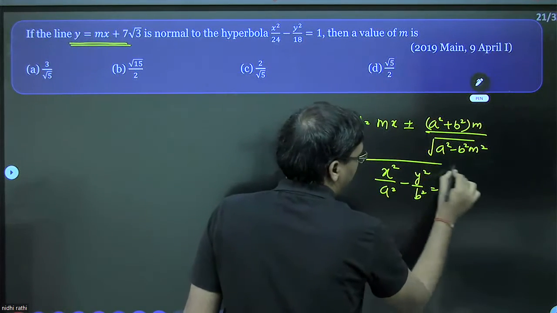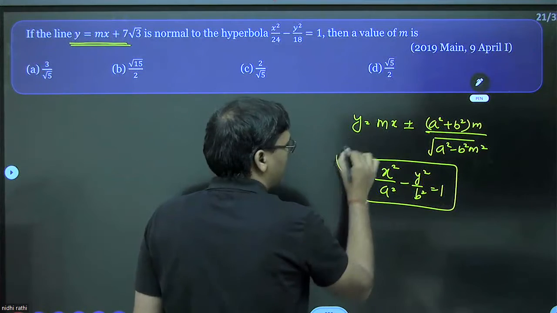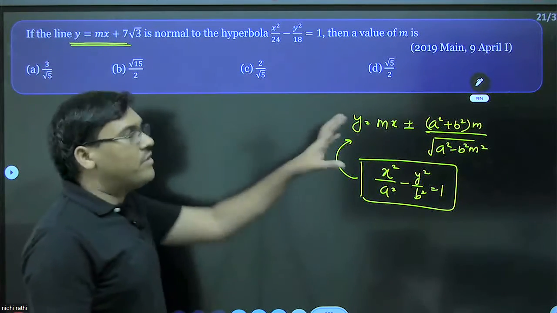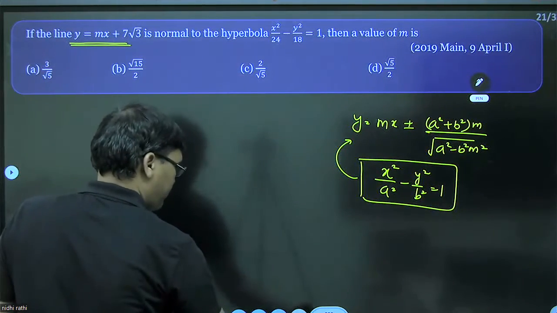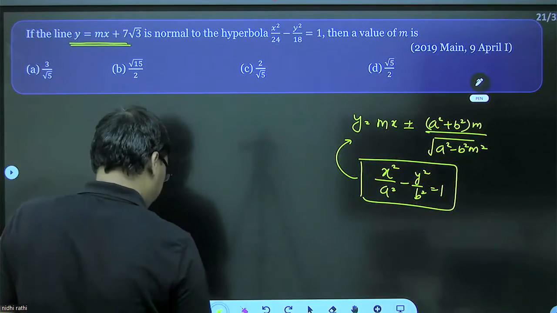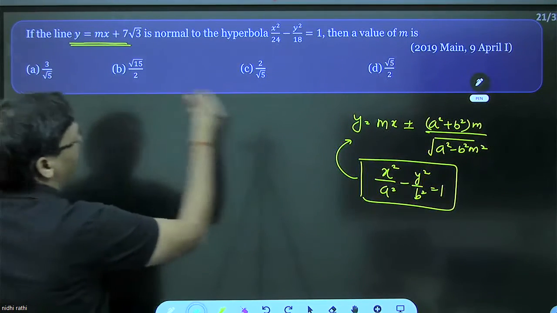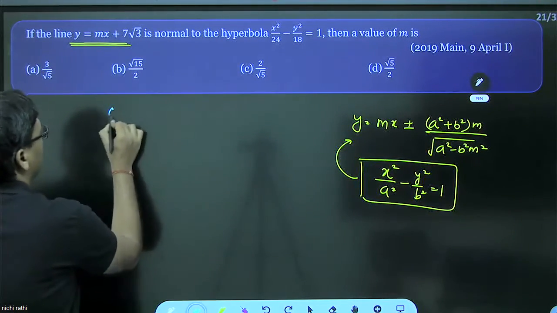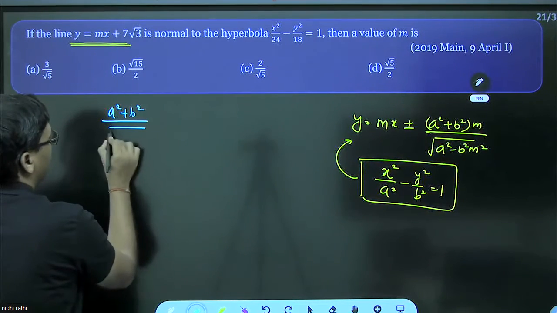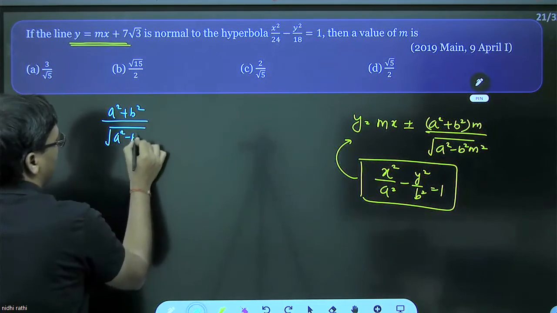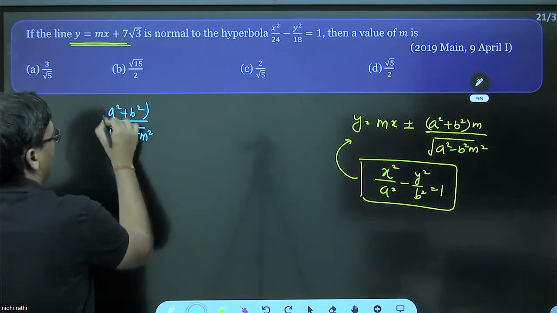So one way to solve this question is you just compare this. You can see here m is positive. You can see all the options here. So this is (a² + b²) m upon under root of (a² − b² m²).